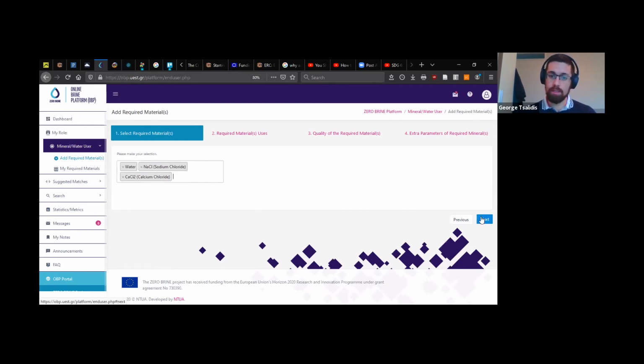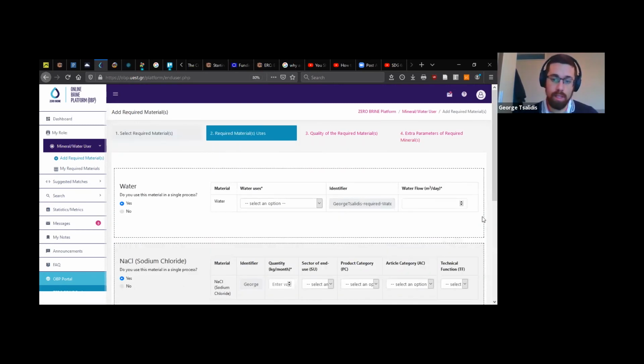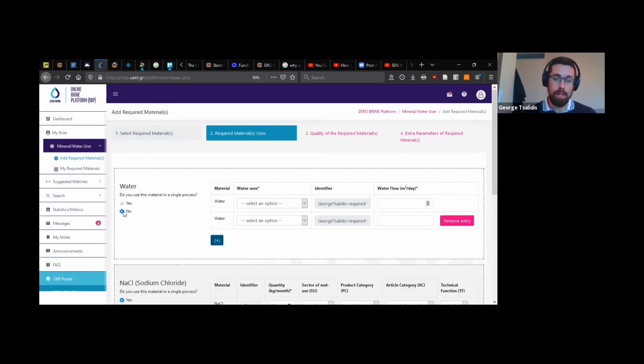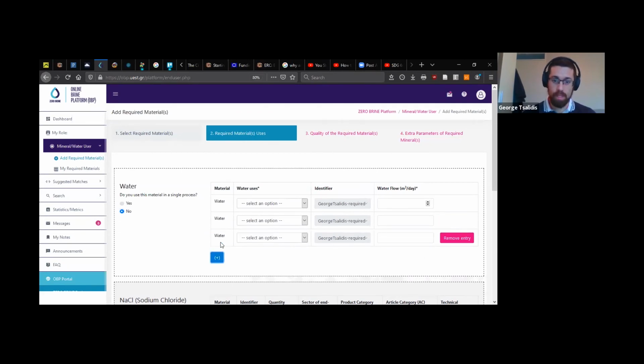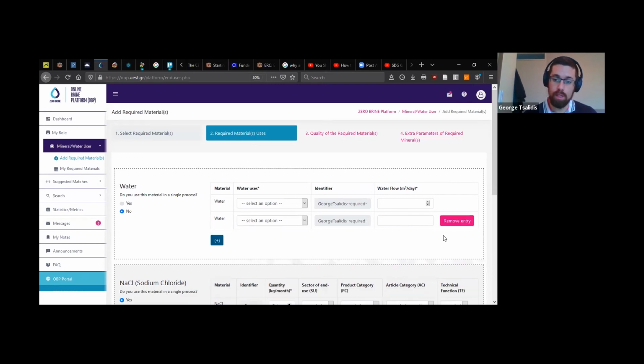And then in this case, it will ask me about quantitative and qualitative information. First, it's going to ask me if the water, sodium chloride and calcium chloride are being used from one process or from more. And the more processes that exist, the more water uses I'm going to have, and more water flows are going to be required.